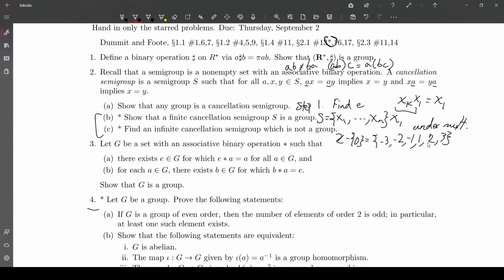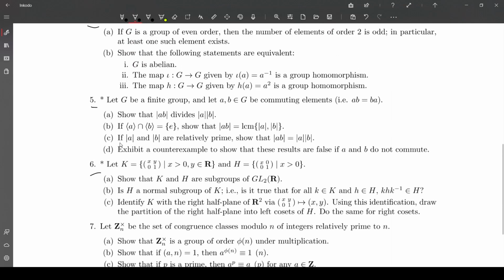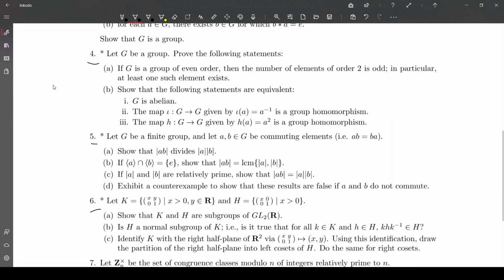So this isn't a group, but it is a semigroup because multiplication of integers is associative. And it is a cancellation semigroup because essentially the integers have no zero divisors. Okay, so that's question 2. And then I'm not really gonna go through all of these just because there's other assignments I want to get to.